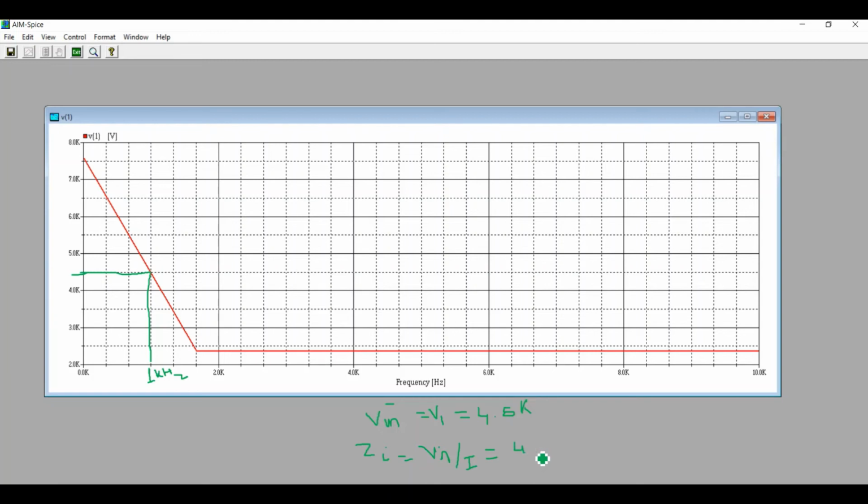So 4.5K divided by 1 ampere. Therefore, the answer is 4.5K. Zi is 4.5K for your designed circuit.